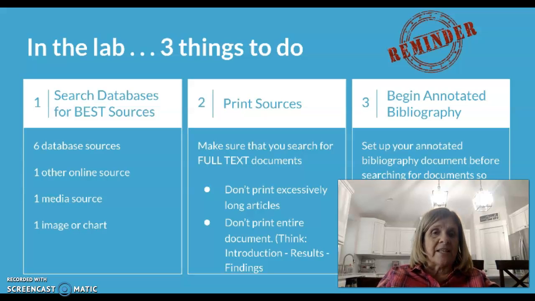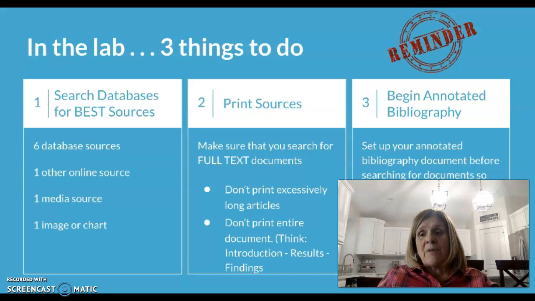So even though your annotated bibliography will only have 8 sources cited and paragraphs written on them, you do need to access an appropriate image or chart for your ultimate research paper that you will not be doing an annotated bibliography on, but you will need to have the citation for that image or chart later on when you write your research paper.